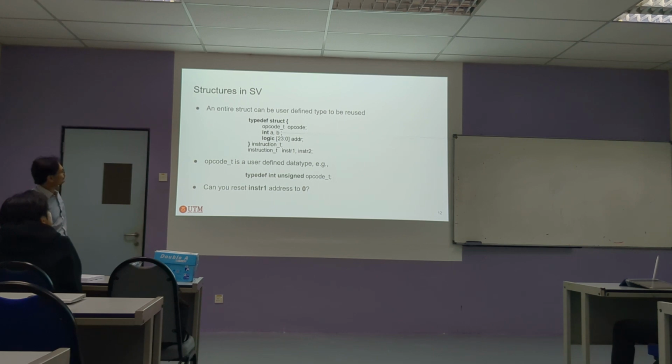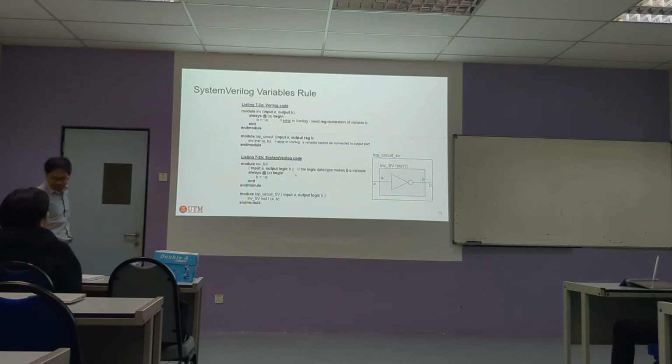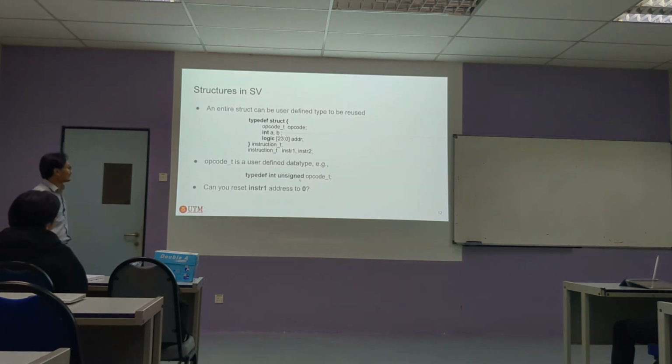I think this should be unsigned integer. Okay, so let's say it's int unsigned. So it's an unsigned integer, right? The 32-bit unsigned output T. So output here is the 32-bit unsigned integer.